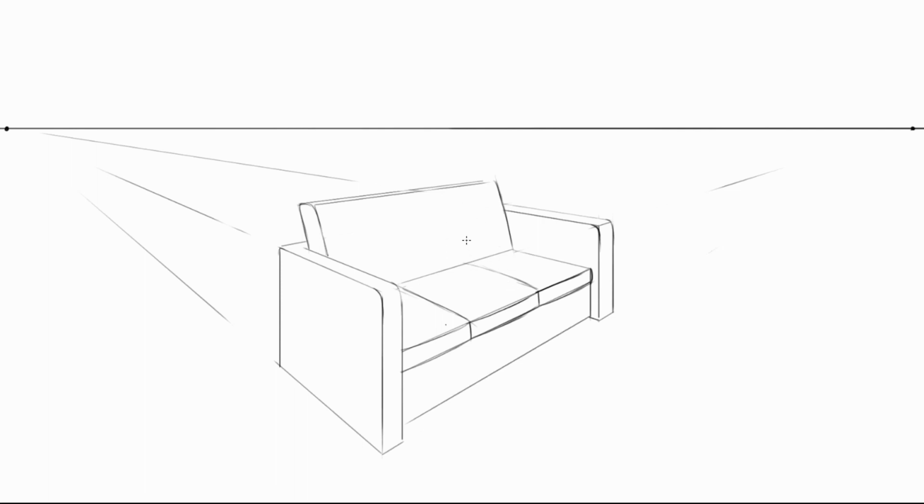Same, add slight curve lines to the backrest as well to show the softness. Be careful while adding curve lines or circle lines, because you have to do it freehand, so you can't use any scale or anything for the curve lines.